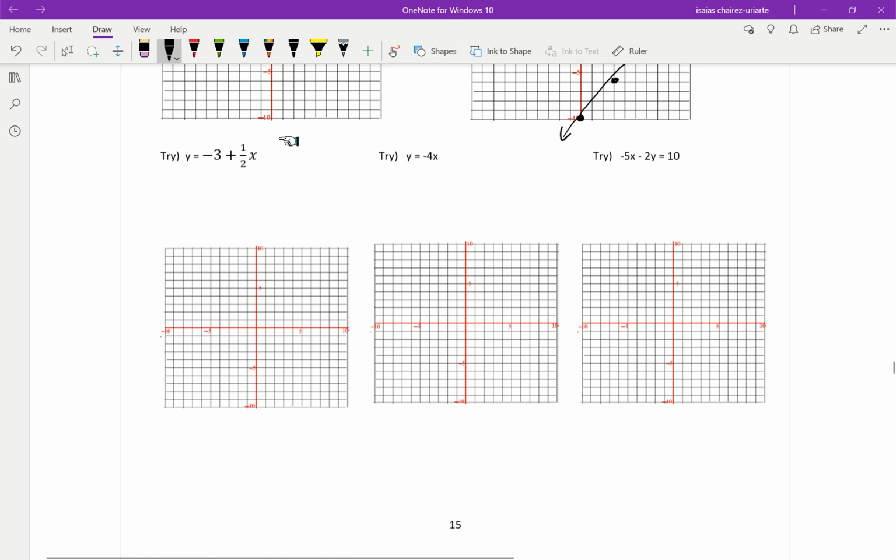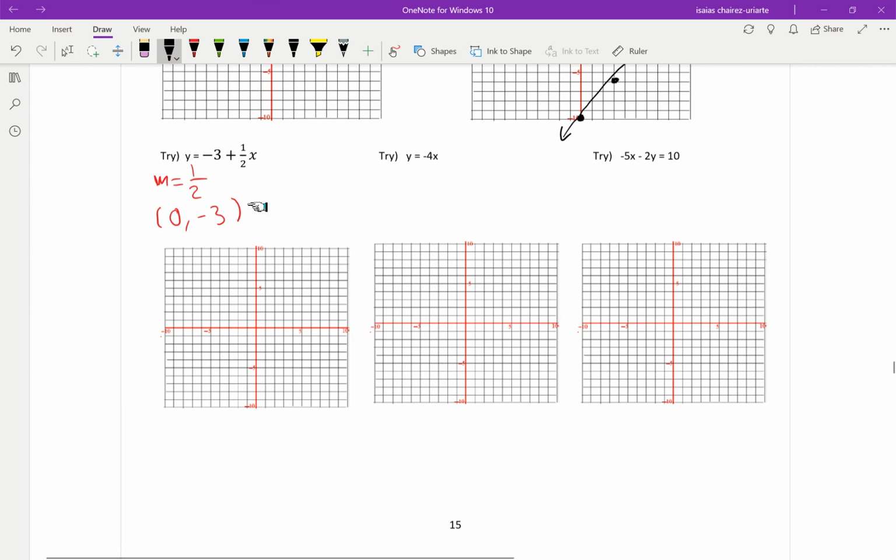So right now what I can conclude is that m is 1/2 and my y-intercept is the point 0, negative 3. There was no reason for me to solve for y here. Now I'm in a good position to plot this.